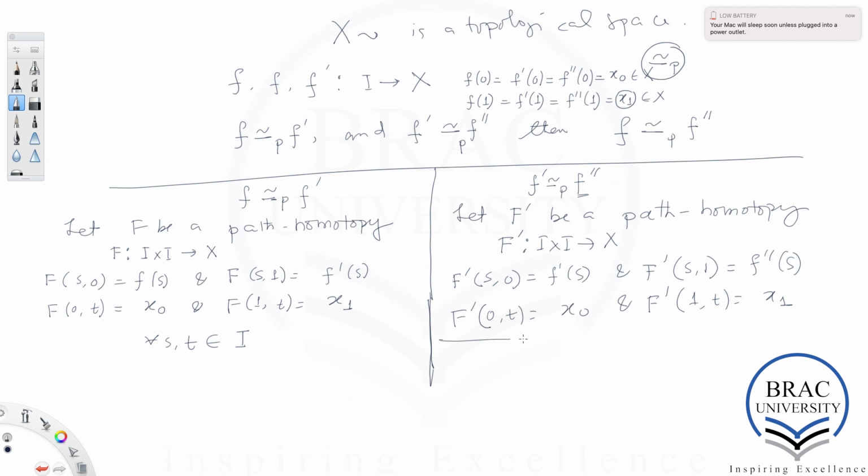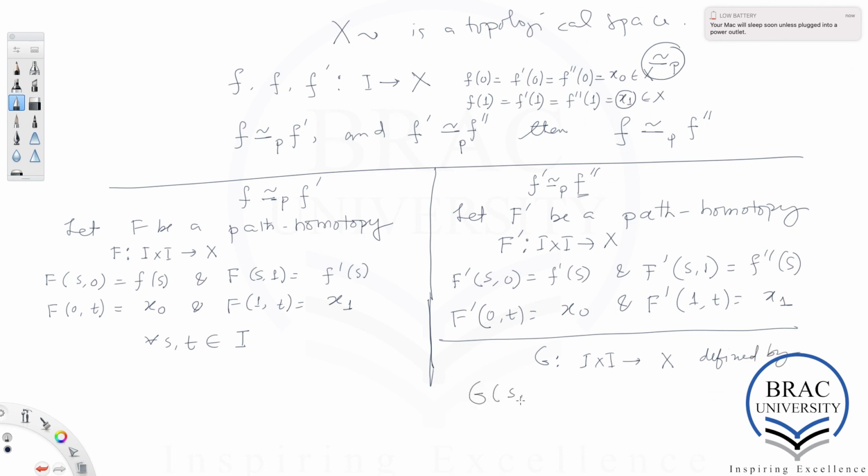Now let us construct this map G from I cross I to big X, defined in the following way.